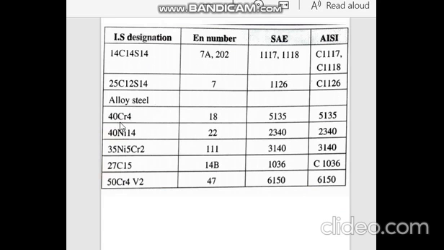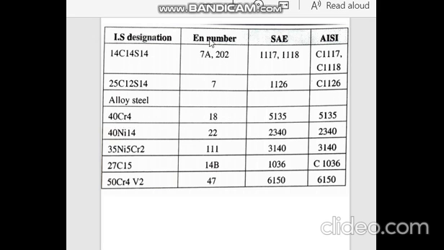See, alloy steels are given in IS standard like this, 40 Cr4. Okay, you know what 40 is, the carbon percentage divided by 100, that means 0.4 carbon, and chromium, this should be divided by 4, so it is 1% chromium.